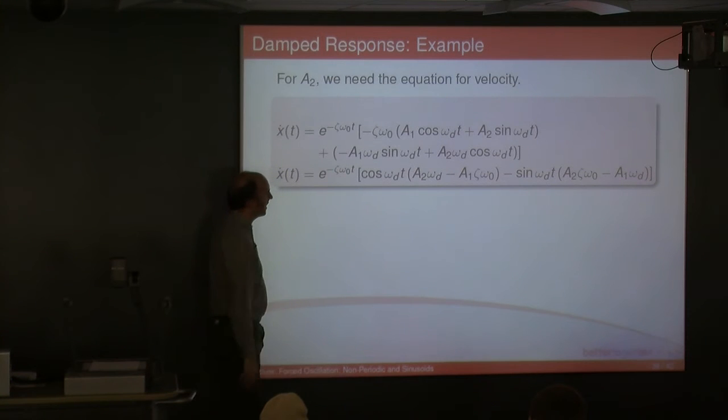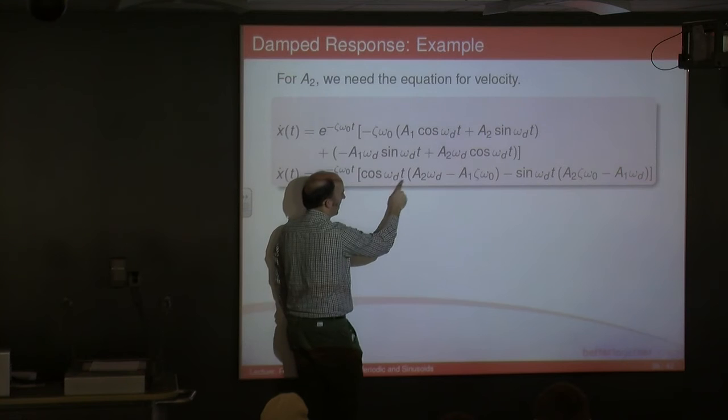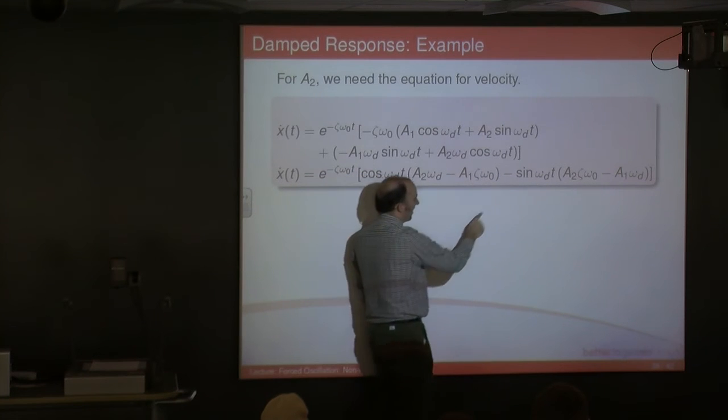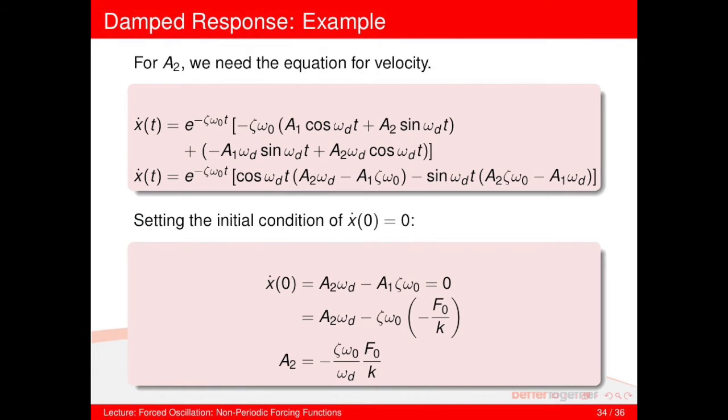We end up with quite a complicated equation, but basically we have x dot pi as an exponential as before, and then we've got cosine omega t times by this bit, and sine omega t times by that bit. If you go through the maths, that's what you end up with. And so setting t equal to 0, we can work out what a2 is, and we end up getting zeta omega naught divided by omega d times by f naught upon k.